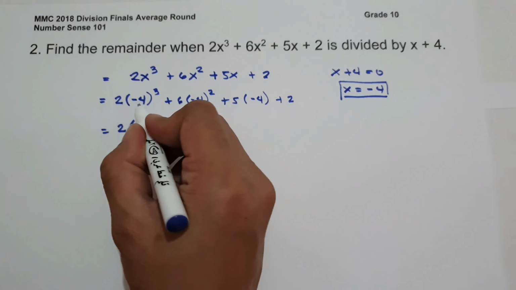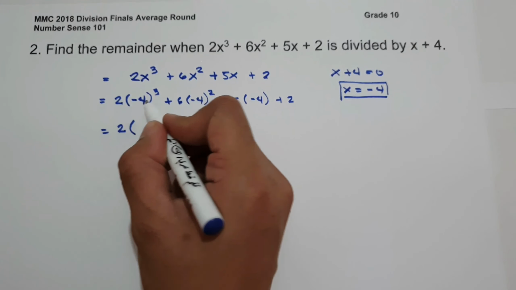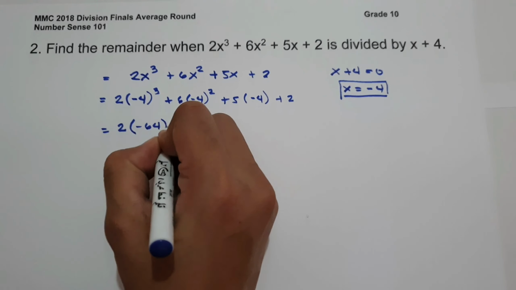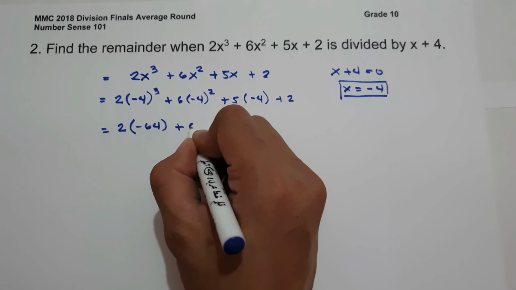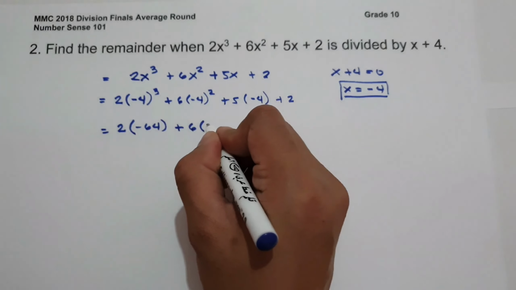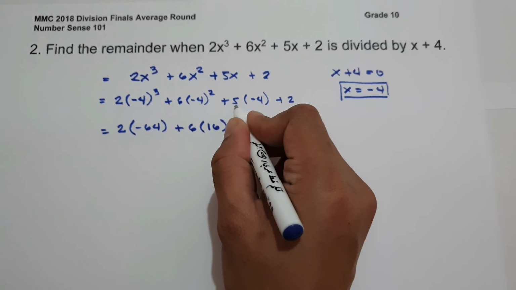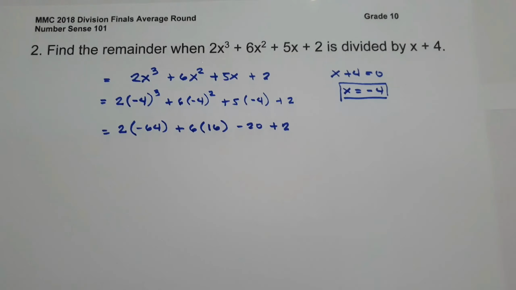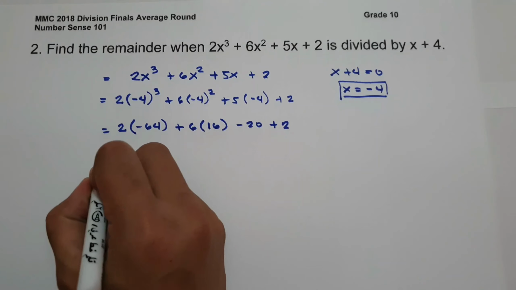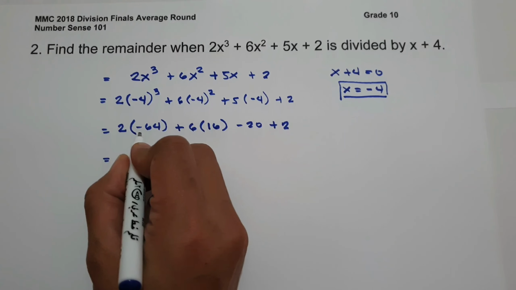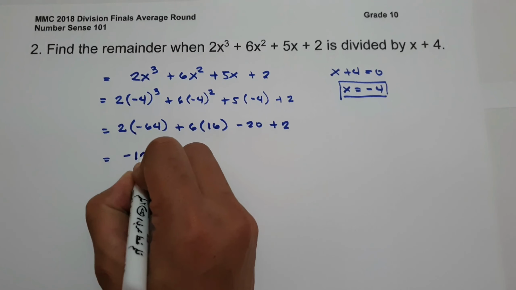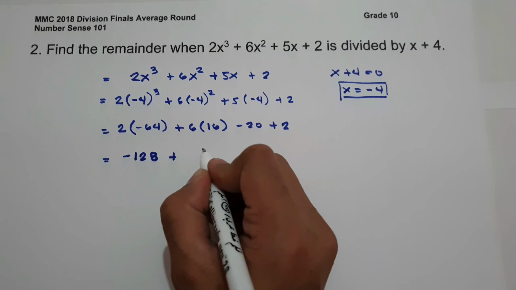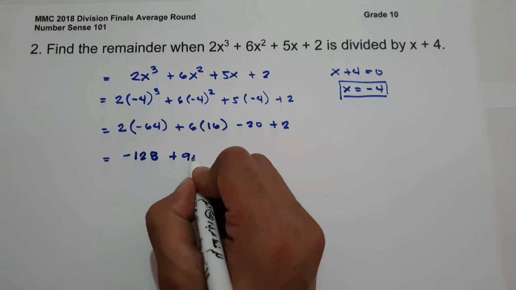So let us have 2, and then negative 4 multiplied 3 times to itself, that is negative 64. And then 6, negative 4 squared, that is 16. And then 5 times negative 4, that is negative 20, plus 2. Then 2 multiplied by negative 64 is negative 128. 6 multiplied by 16 is 96.